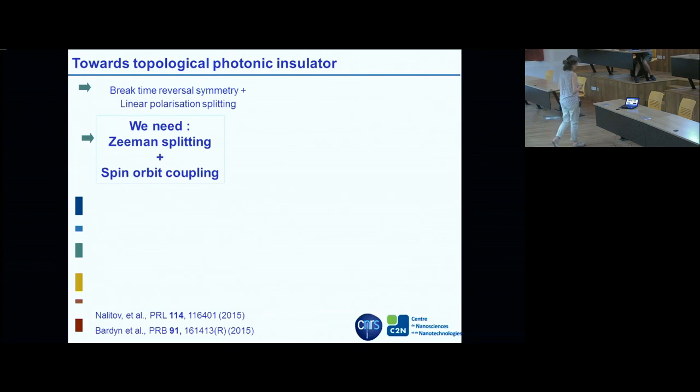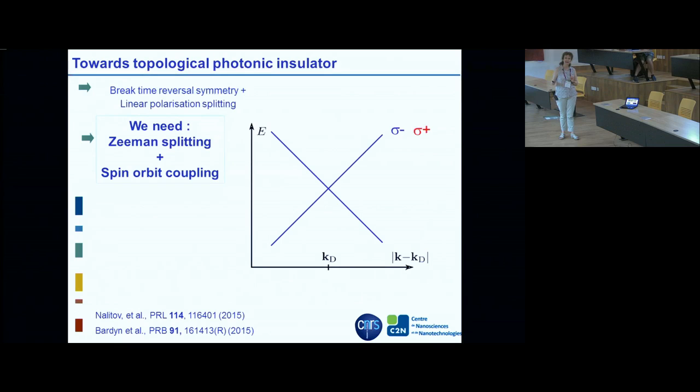So how can we progress? Well, how can we really build a topological photonic insulator? To do that, we need both a Zeeman splitting and a spin-orbit coupling. So how do you understand that? If you zoom at the dispersion of polariton close to a Dirac point, we have a degeneracy, sigma plus and sigma minus, so we have a double degeneracy.